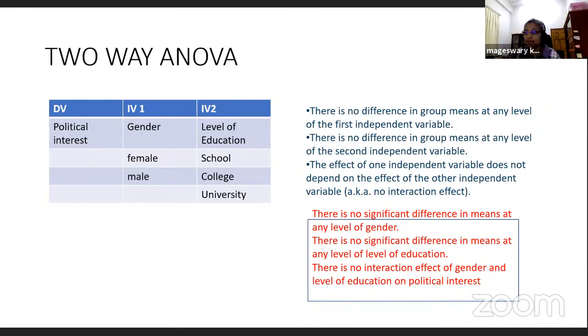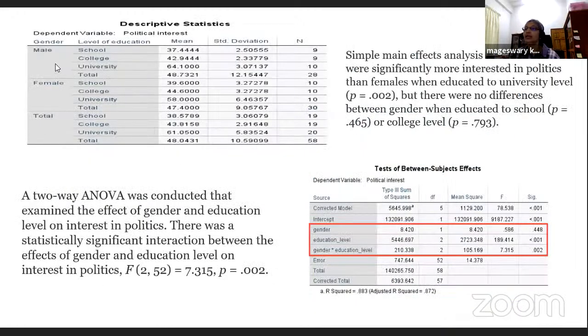Now we see here the descriptive statistics. For gender, you have two levels, male and female. For level of education, you have three: school, college, university. So you have males from school, what is their mean? Males from college, what is the mean? Males from university, what is the mean? And then you have the standard deviation.